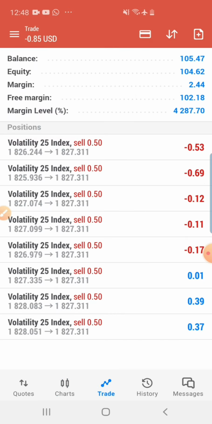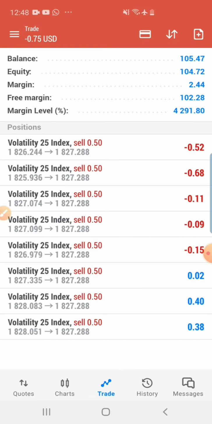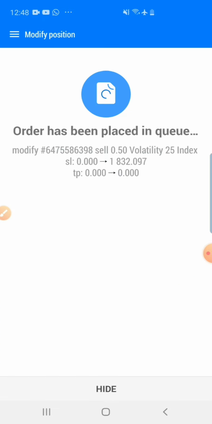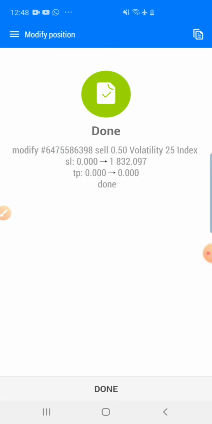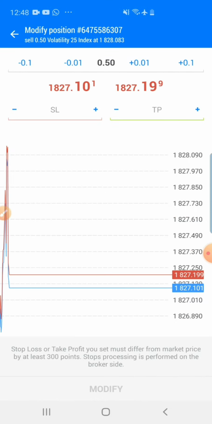So what I need to do now is put in my stop loss. These new trades, I have to add my stop loss right here. I'm going to explain more on this. Okay, having network issue. So I needed to set stop loss.